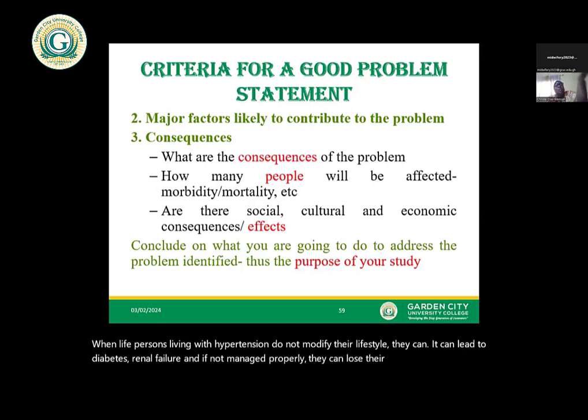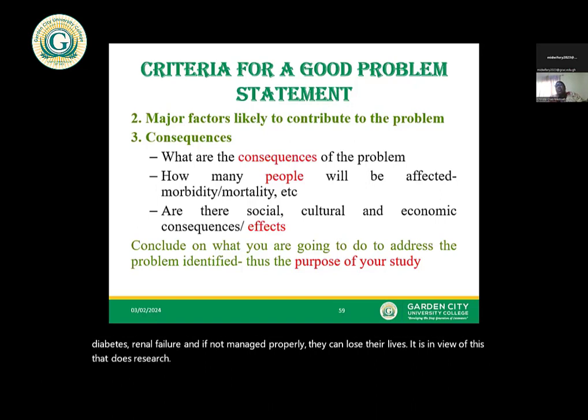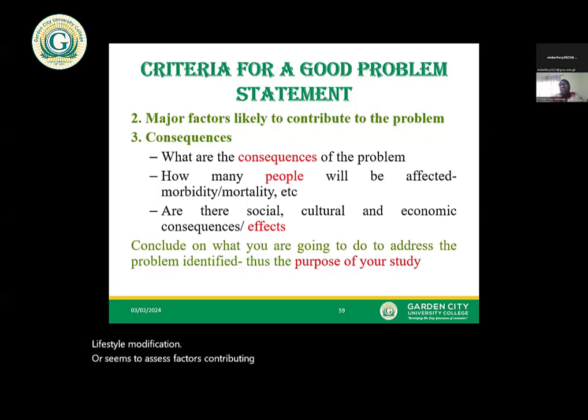It is in view of this that this research seeks to assess factors contributing to lifestyle modification, or seeks to assess knowledge of lifestyle modification, or seeks to assess challenges or barriers.